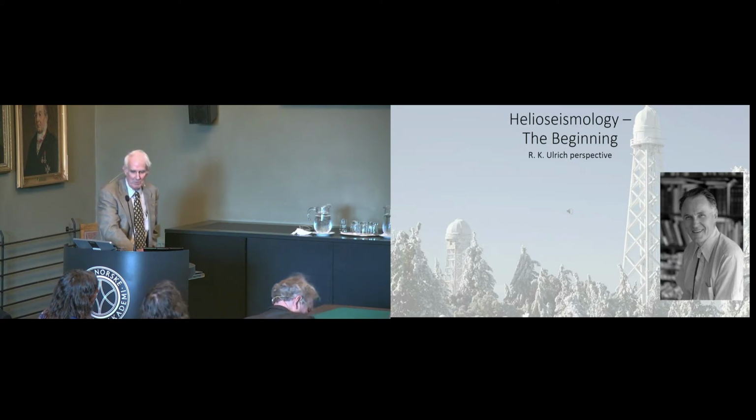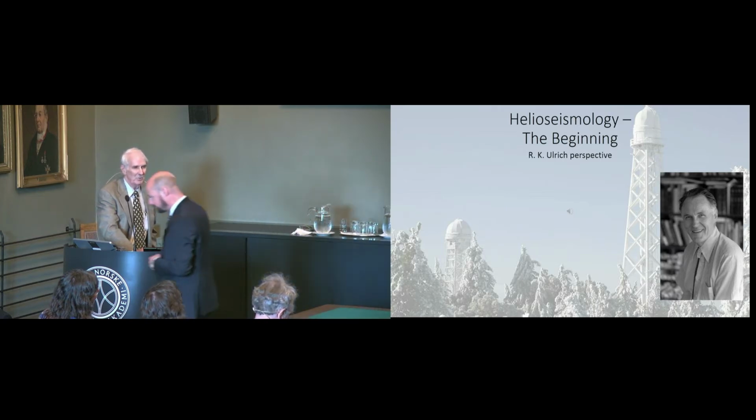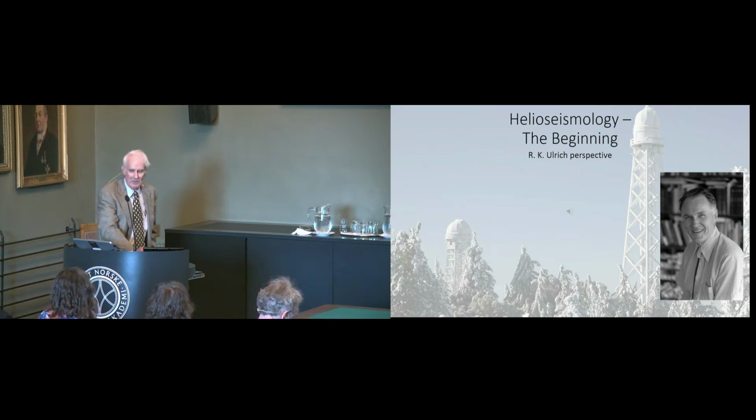So we would make a map of the solar surface, and he found that, in fact, the solar surface is going up and down with a period of about 5 minutes, and that became identified as the 5-minute oscillations, which essentially form the basis of helioseismology.